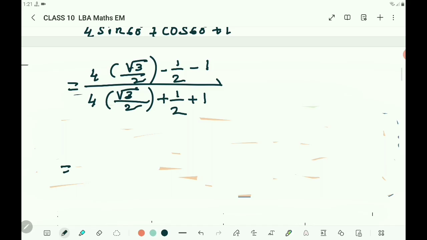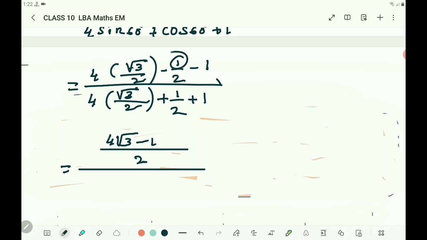Now here 2 are there, here also 2 are there. You can take the LCM. In the numerator, the LCM is 2. Write 4 root 3 as it is, minus 1 also as it is.